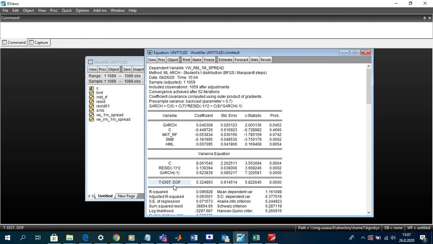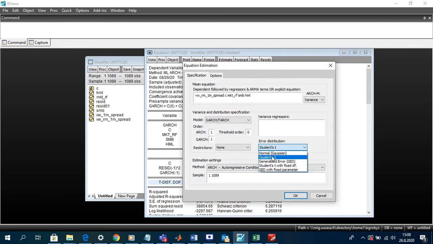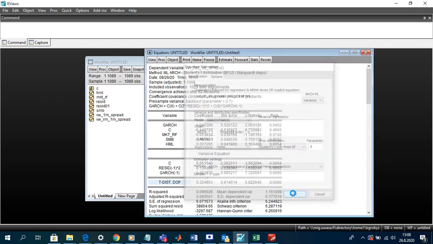So we are always on the safe side if we choose a Student t distribution. And if you have very good reasons for choosing the degrees of freedom yourself, you can choose here the Student's t with fixed degrees of freedom, and then you plug in how many degrees of freedom you want to have in your estimation procedure.